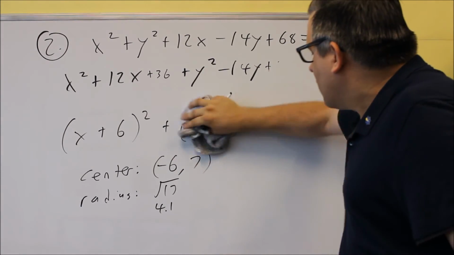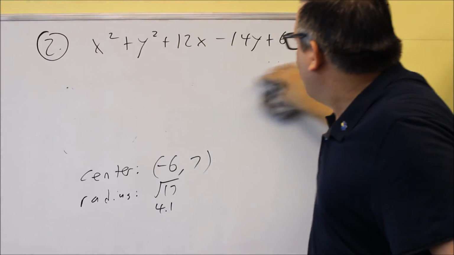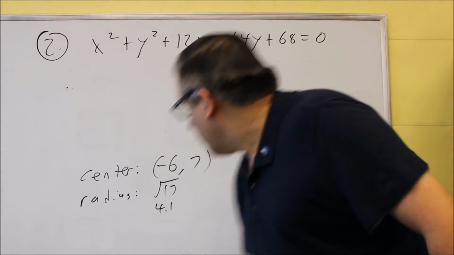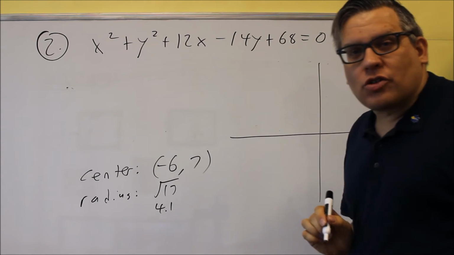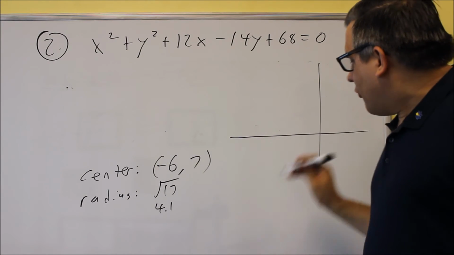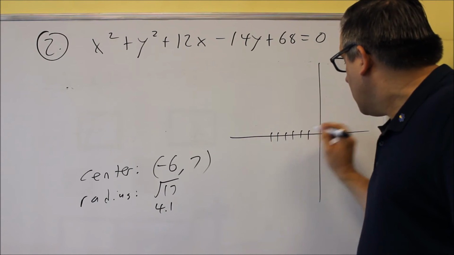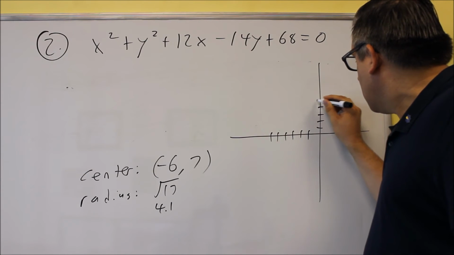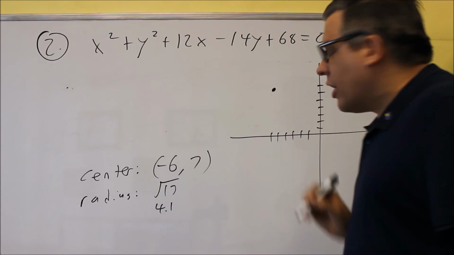Let me go ahead and erase this here to get some space, and I'll do the graph right here. All you need for the graph is your center and the radius, which is what we have. So first we're going to plot our center. So we're going to go negative 6 and positive 7. And we get a dot right there.